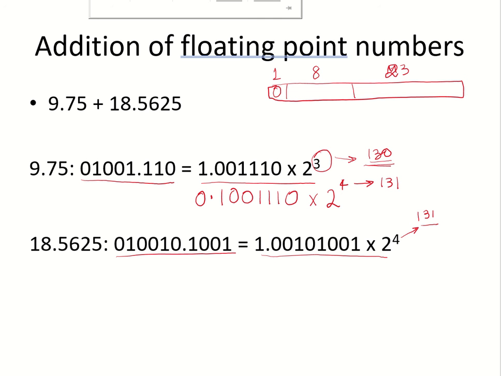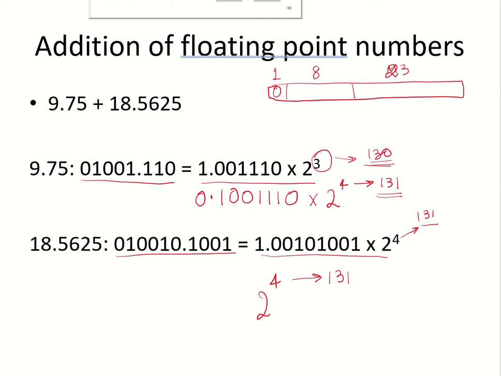Now both the exponents are the same. So what is going to be the exponent of the result? That is also going to be 131. So the exponent of the result is 2 to the power of 4, which in excess 127 representation means 131.